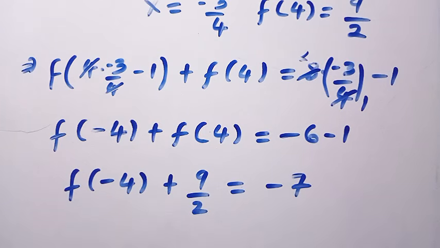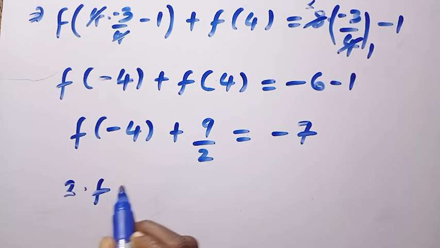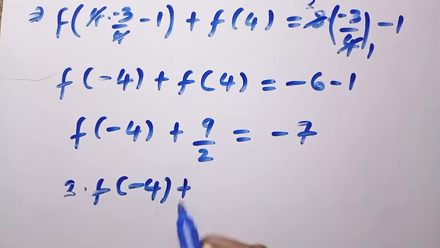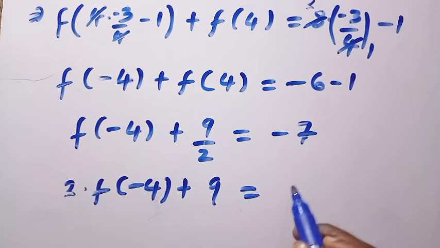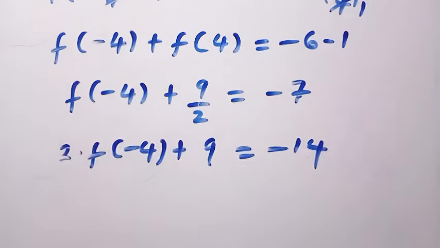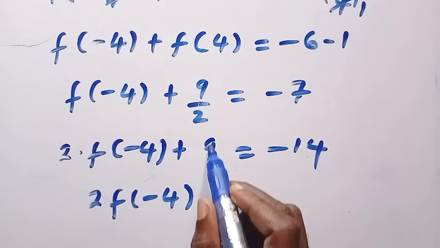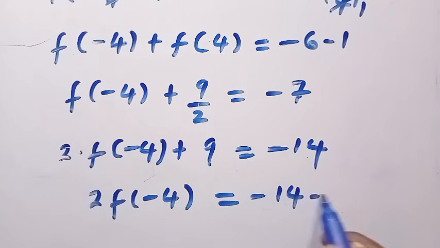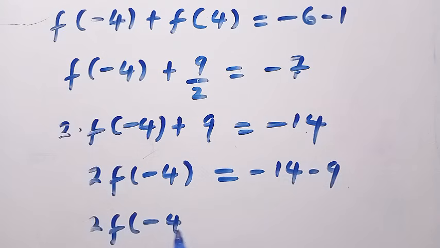If I multiply by 2, we have 2f of minus 4 plus 9 equals minus 14. Then 2f of minus 4 equals minus 14 minus 9, which gives us minus 23.